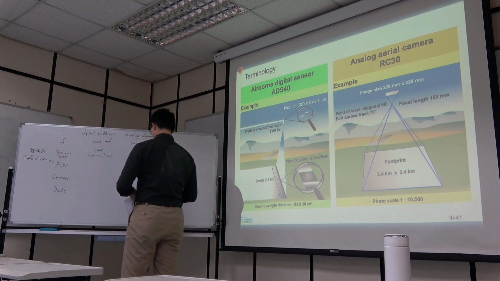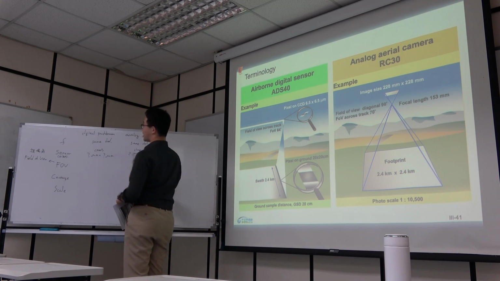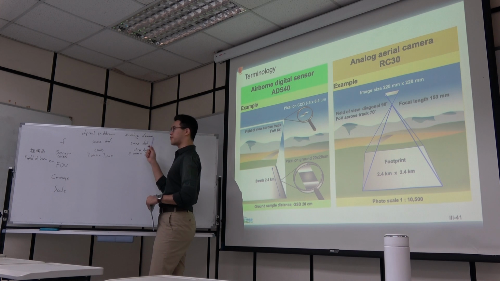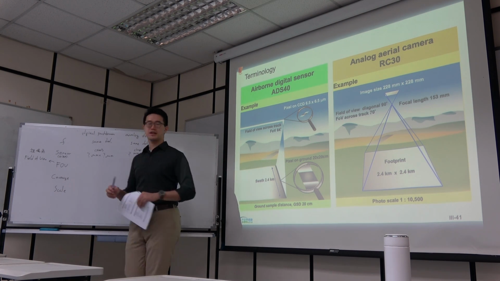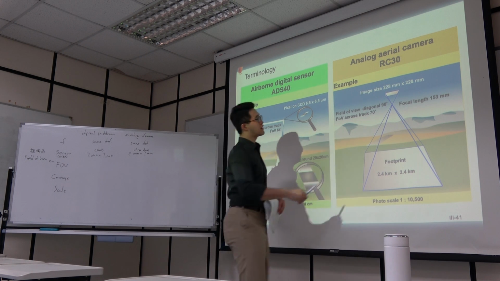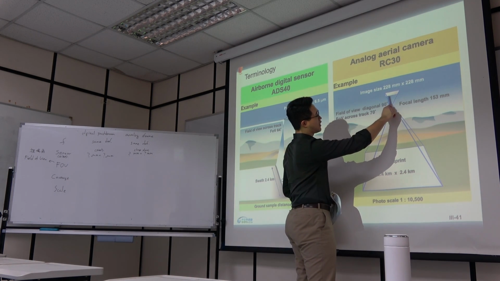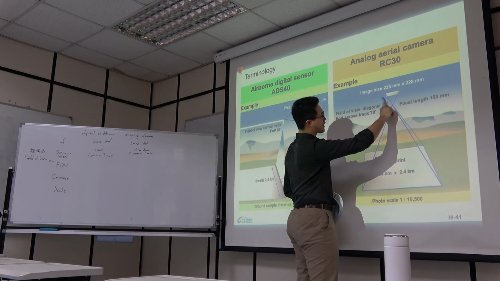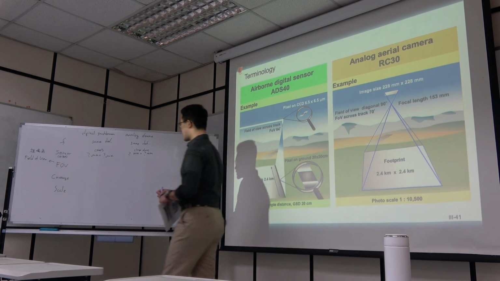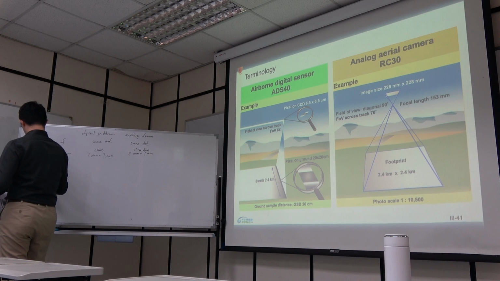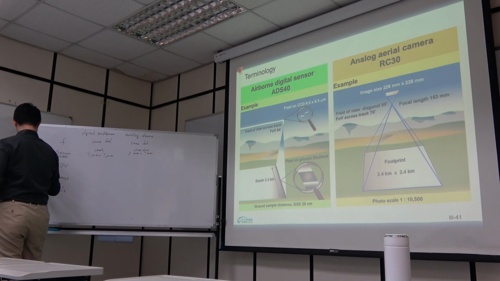Let's take a look. If you are talking about the FOV for a frame camera, the FOV is the intersection angle between the diagonal locations. So let me draw it actually. Imagine right now you have an image plane over here, and you have a perspective center.